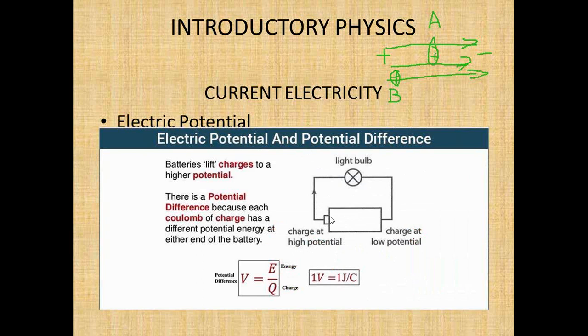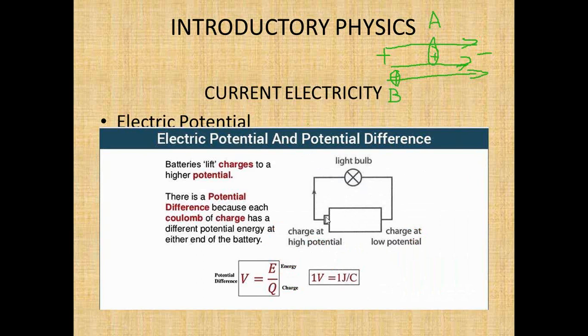This is your high potential terminal, your low potential terminal. So when a battery has a rating of say 1.5 volts, the high potential terminal is the 1.5 and the low potential terminal is 0. Okay? And what your battery does, your battery will bring the positive test charge to the high potential terminal.